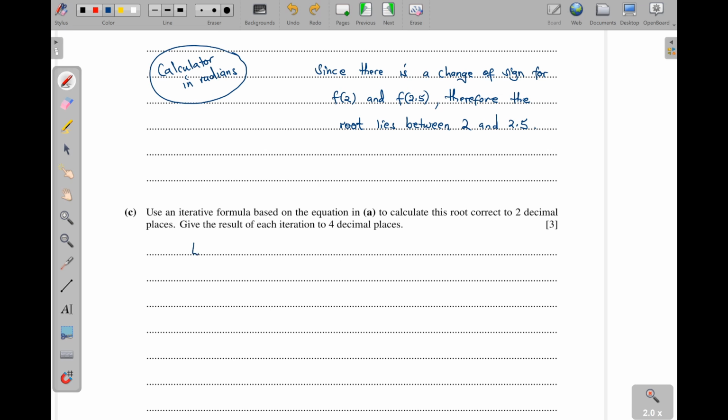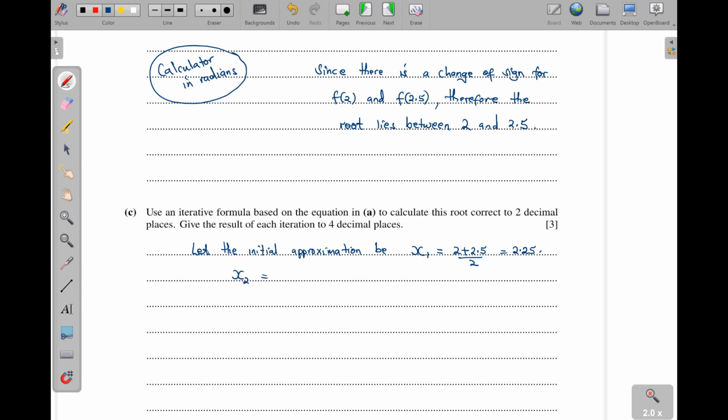So let the initial approximation be, let's say x1, which is going to be 2 plus 2.5 divided by 2. This one will automatically give us 2.25. Then what will be x2?